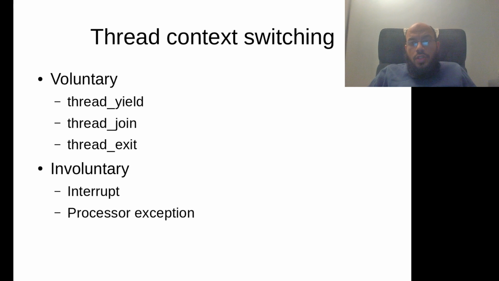And the other way is involuntary thread context switching, and that happens when there is something like an interrupt, for example. So let's talk about them in a bit more detail, starting with the involuntary ones because they are easier. You need to be evicted from the processor if an interrupt occurs with a higher priority compared to the priority that you have as a thread.